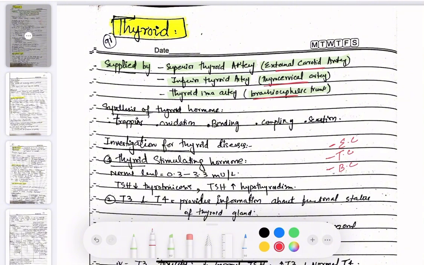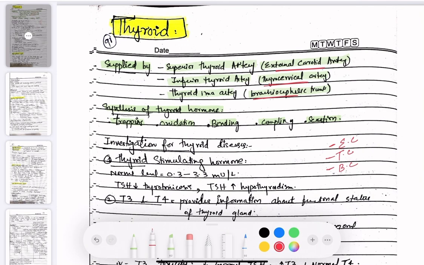Okay. Now the synthesis of thyroid hormone. It is done by trapping, then oxidation, then binding, then coupling, and then secretion. These are the 5 steps. How does the synthesis of thyroid hormone occur?